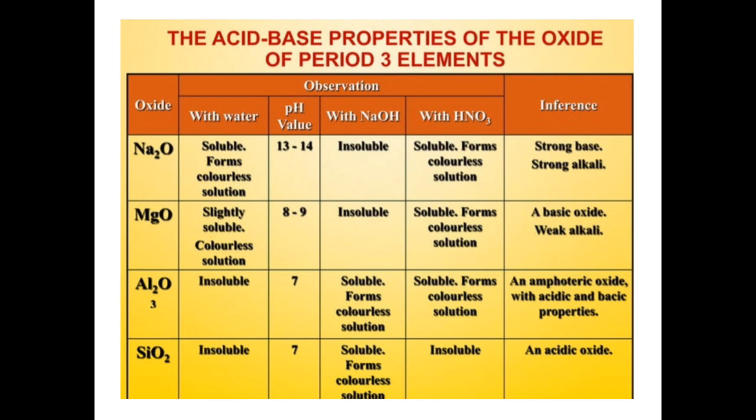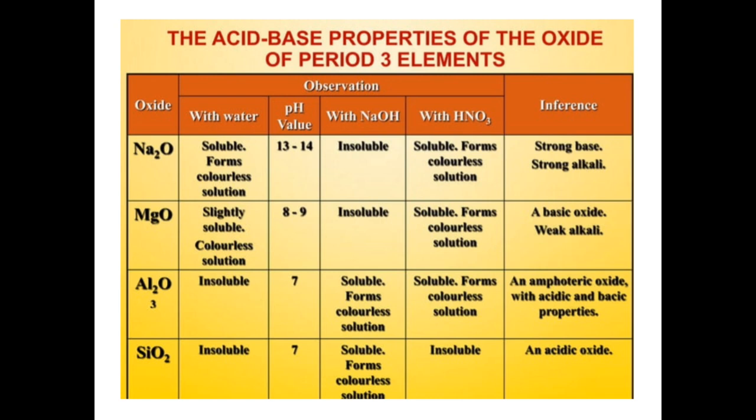And then sodium oxide can react with NaOH, and can also form a soluble colorless solution with HNO3. That shows that it is a strong base, or a strong alkali.